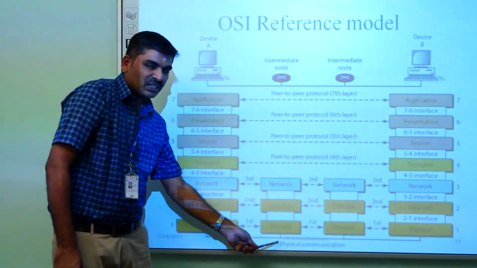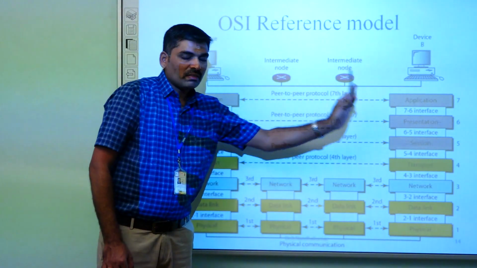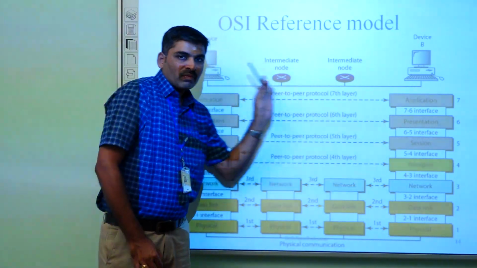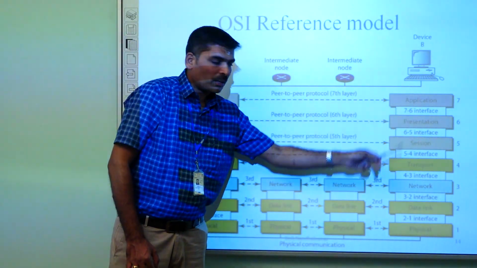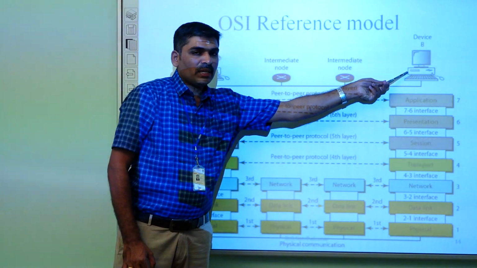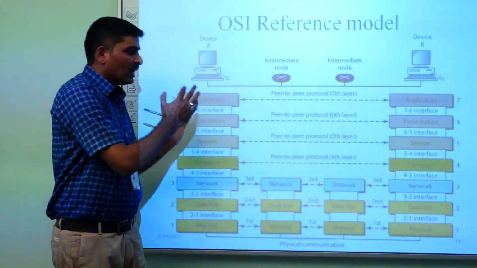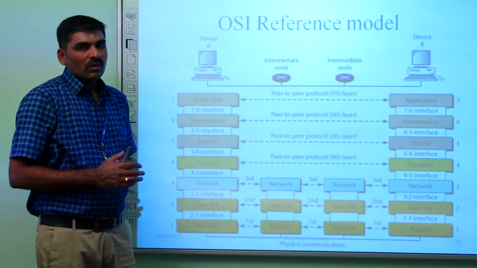So here we have a physical communication and it passes to the receiver. The same functionality happens there: whatever compression was done is rearranged and decompressed on the receiver side, and finally device B receives exactly what the sender sent. Okay, so this is the OSI reference model.